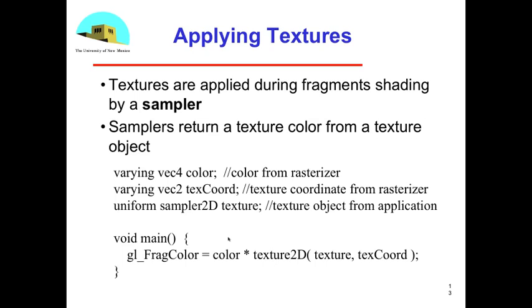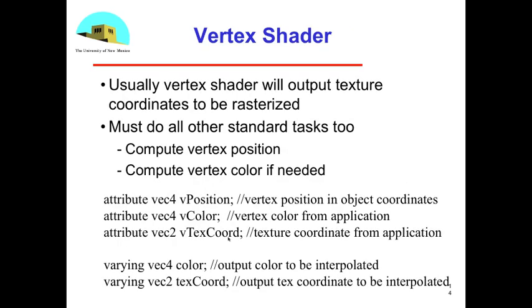What about the texture coordinates? Well, generally what you're going to do is when you set up your vertices, their positions and their colors if you want, you also set up a texture coordinate as another attribute. So as far as the vertex shader is concerned, there'll be something we'll call vTexCoord that is sent over from the application as just another attribute.